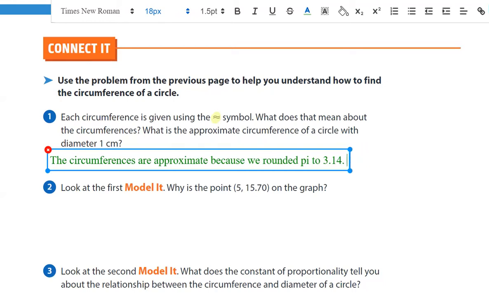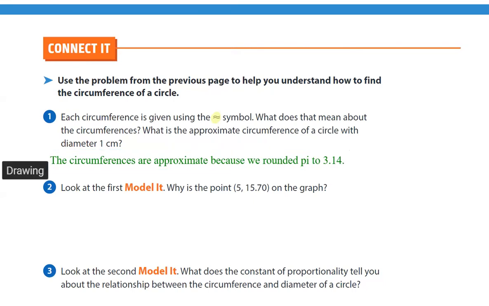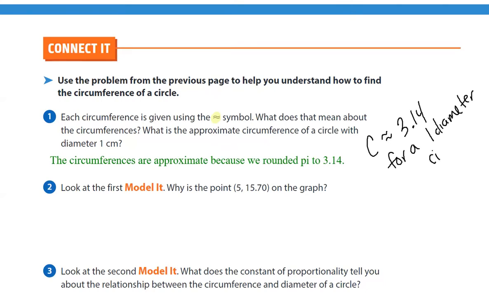And I'll just put, I like to write it better: the circumference is 3.14 for a 1 diameter circle.